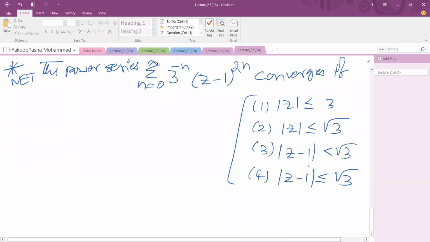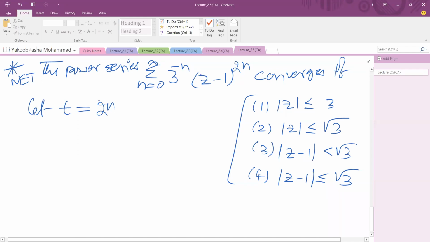Okay. First, I am taking the given series, (z minus 1) whole to the power of 2n. And first I am taking t equal to 2n for our convenience.